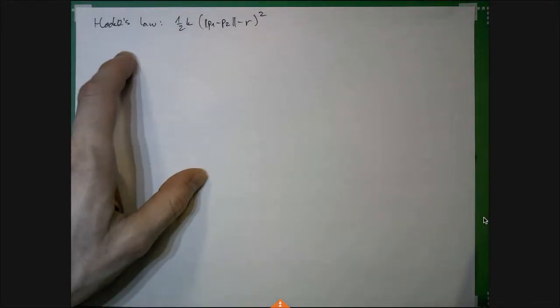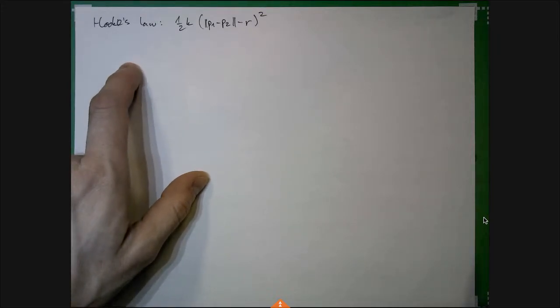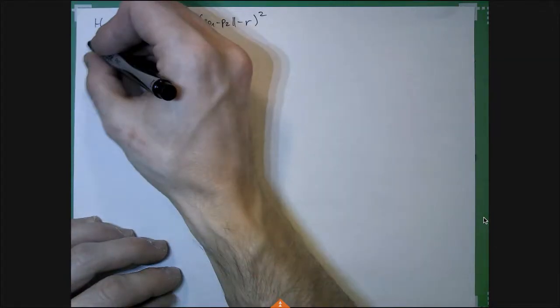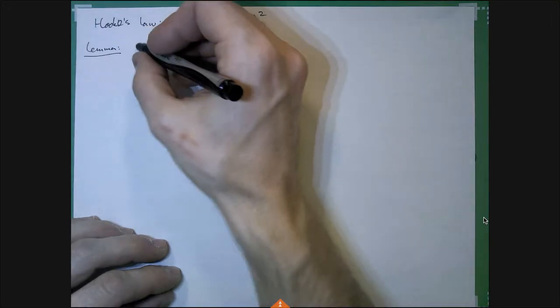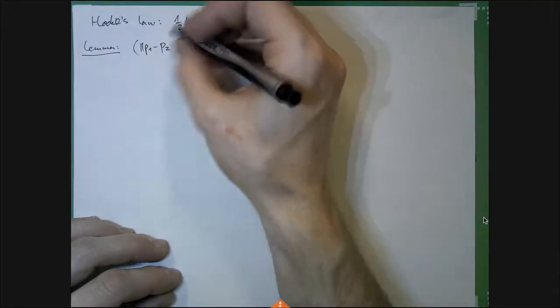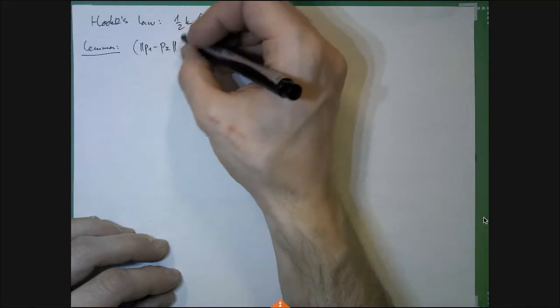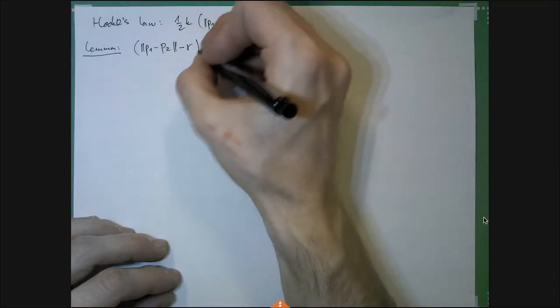And the key to the reformulation that will give us a better solver than Newton's method is the following statement, or I can put it as a lemma, just a tiny piece of math, not very complicated. The lemma says that we can rewrite Hooke's law in the following form.